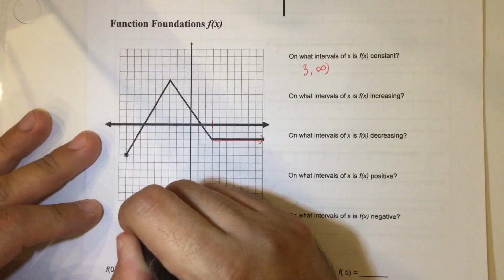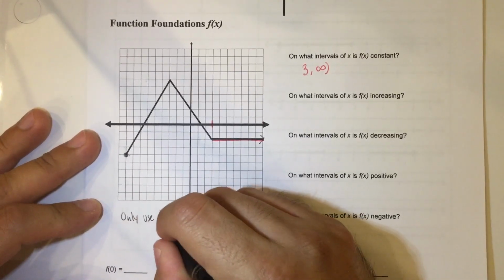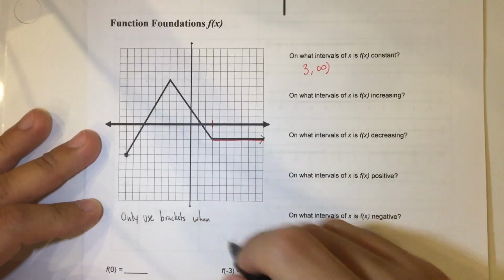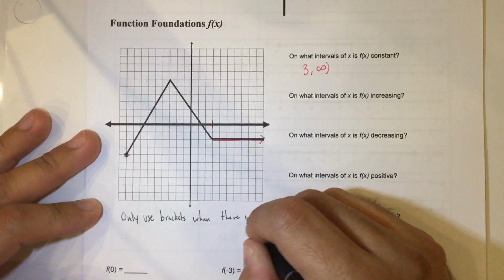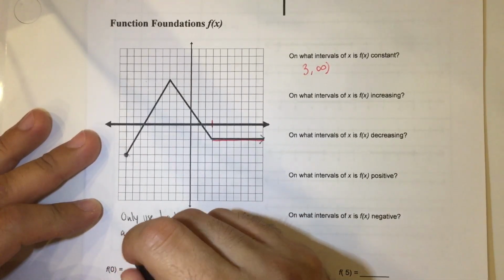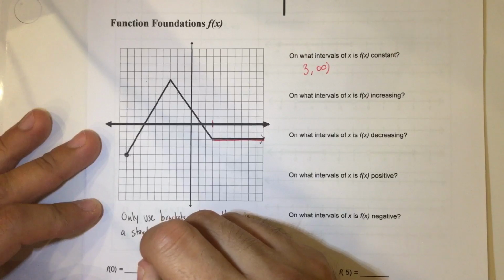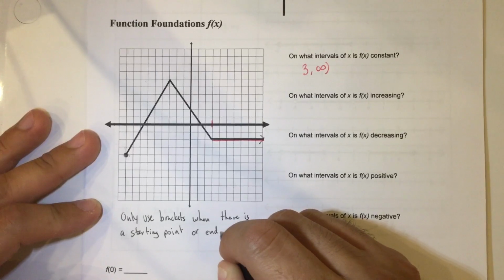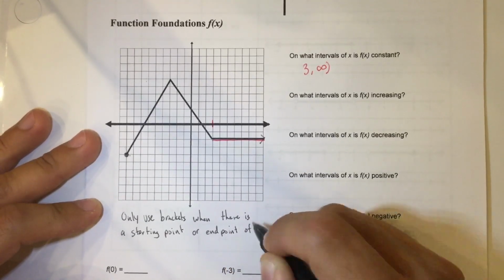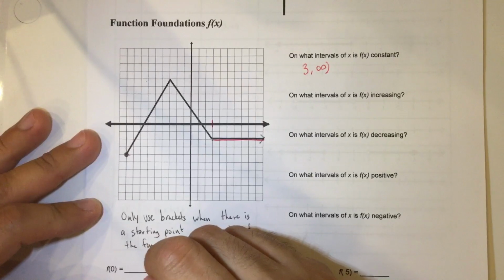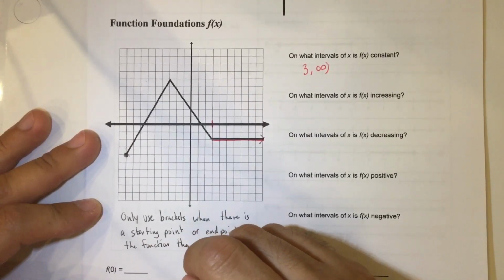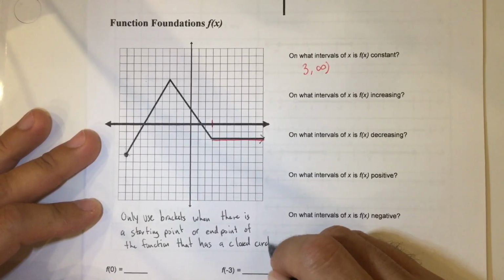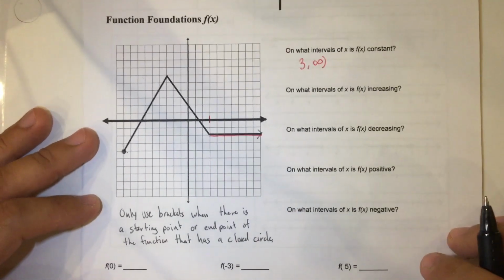Only use brackets when there is a starting point or ending point of the function that has a closed circle. Okay, so that's when I expect for you to use brackets.